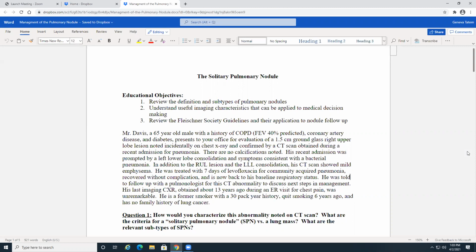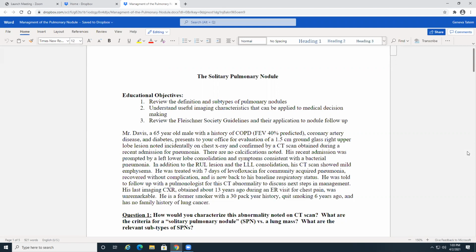His recent admission was prompted by a left lower lobe consolidation and symptoms consistent with a bacterial pneumonia. In addition to the right upper lobe lesion and the left lower lobe consolidation, his CAT scan showed mild emphysema. So during his hospitalization, he was treated with 7 days of levofloxacin for community-acquired pneumonia, though we probably wouldn't do that, but he recovered without complication and is now back to his baseline respiratory status.